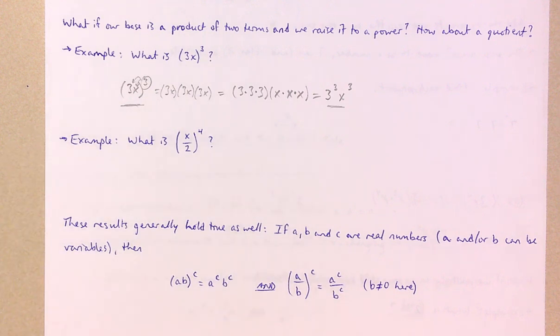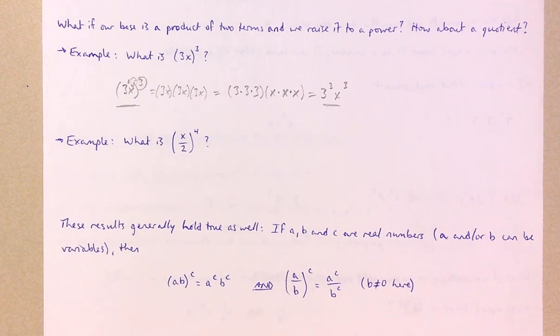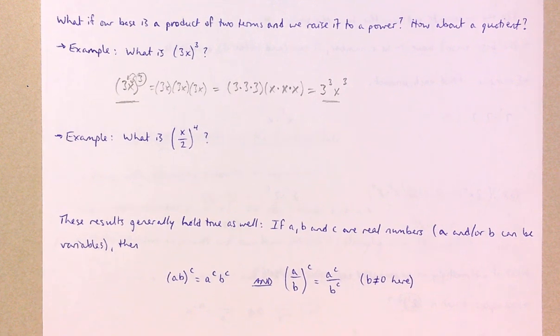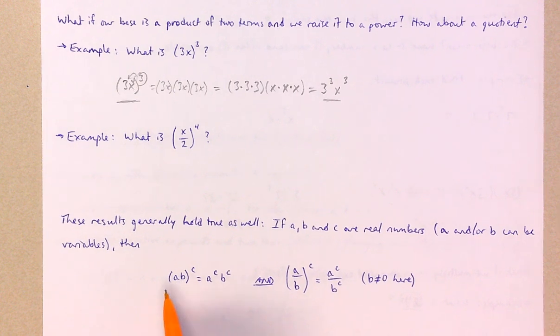As you look at the bottom of your screen, this result does generally hold true. If a, b, and c are real numbers, and a and or b could be variables, then the product of a and b, raised to the power c, is equal to a to the power of c times b to the power of c.